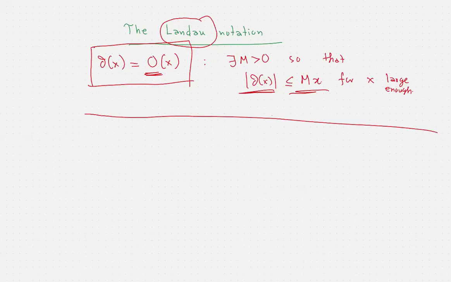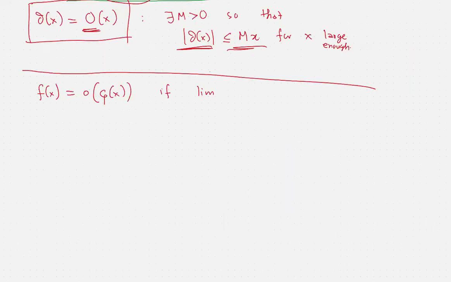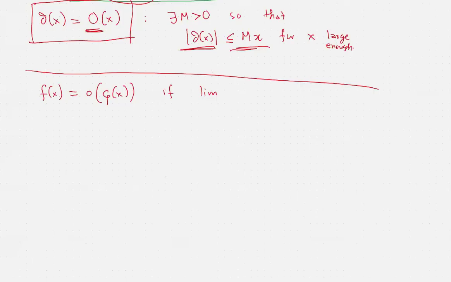The little o notation is that, let's say, a function f of x is little o of phi of x if the limit, again, as you approach the point you're interested in, so if we're talking about x tending to infinity, of f of x over phi of x is equal to 0.